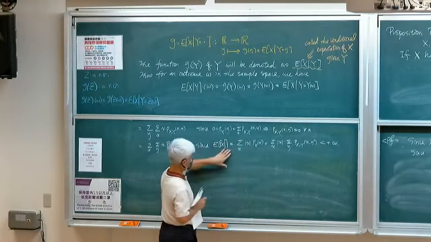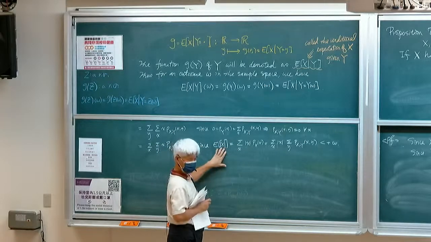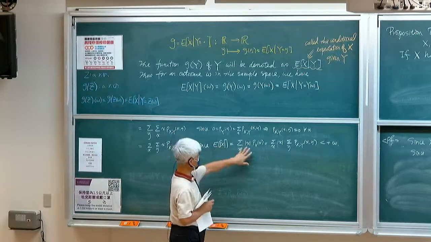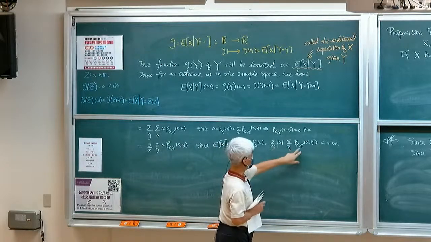But when we look at the expectation of the absolute value of X, you see here, this involves the sum here.